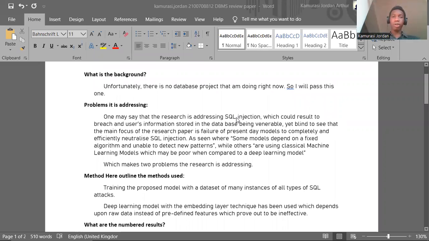Okay, the background. We were asked to talk about how the project is related to the current project that I'm doing for database. We haven't yet got projects, but for my AI project, it's related in a way that the SQL injection detection mechanism is going to be using artificial intelligence, and in particular, machine learning, and then deeper into partition, things such as deep learning, neural networks, embedding layering, and then dense layer also.